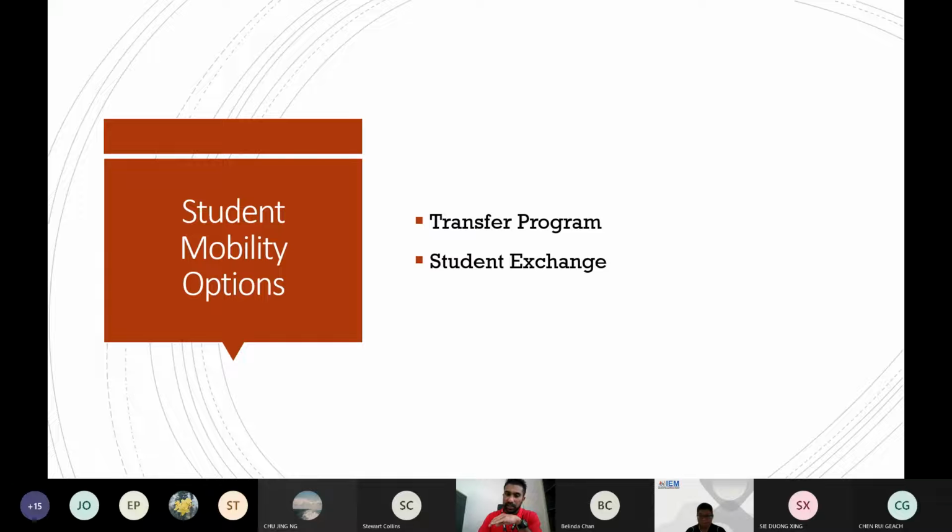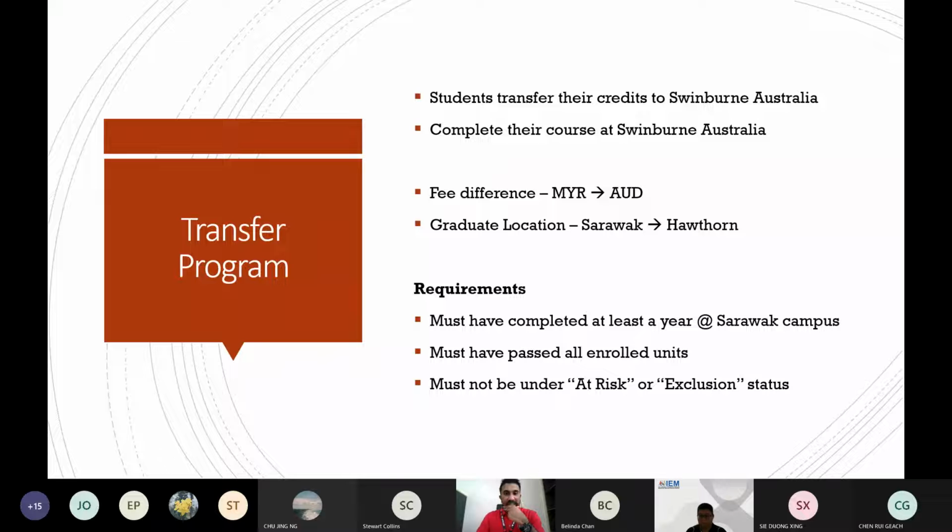The transfer program is a pretty straightforward process, and it's not so complex compared to the student exchange process. So I'll just go through briefly what this transfer is about. When you choose to do a transfer, you're doing a credit transfer over to Swinburne, Australia.